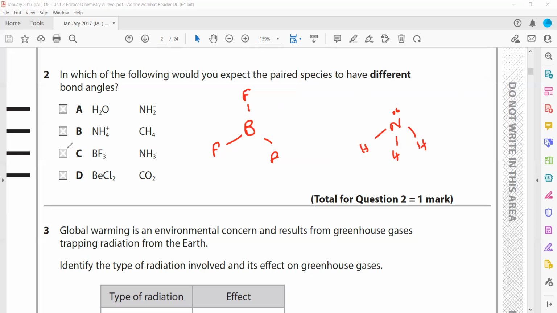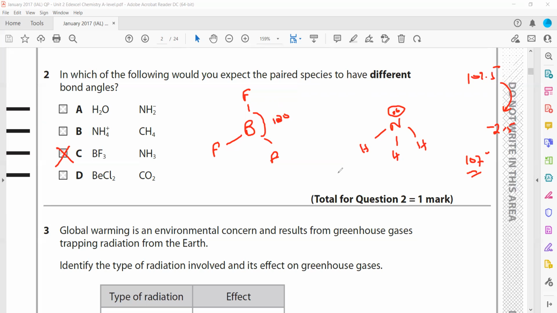As a result, the two molecules will have different bond angles. Here the bond angle will be 120, but because of four bond pairs, the bond angle is 109.5. Due to the presence of one lone pair, the bond angle decreases by 2.5, so the bond angle will be 107. So they will have different bond angles.